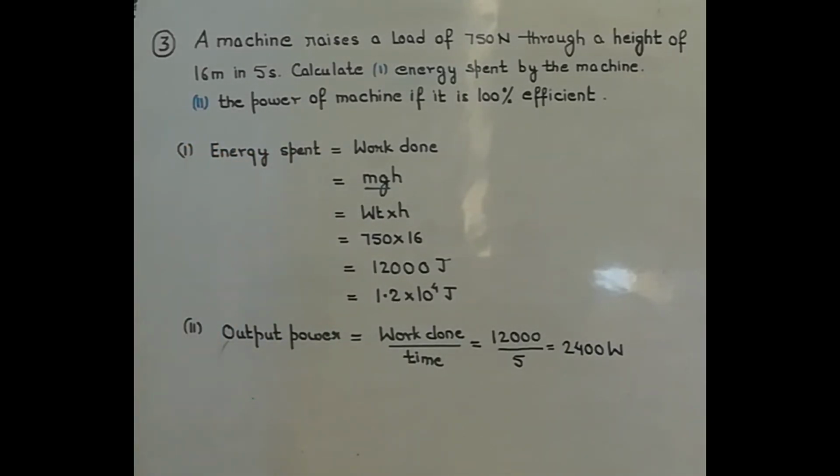Now power of machine means you have to calculate the input power. You have to calculate input power. Now if you see that the efficiency of the machine is given to be 100%.